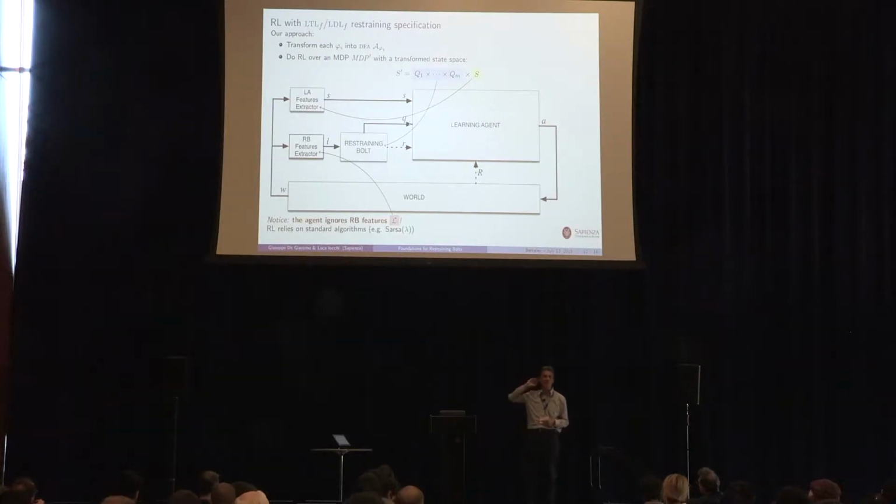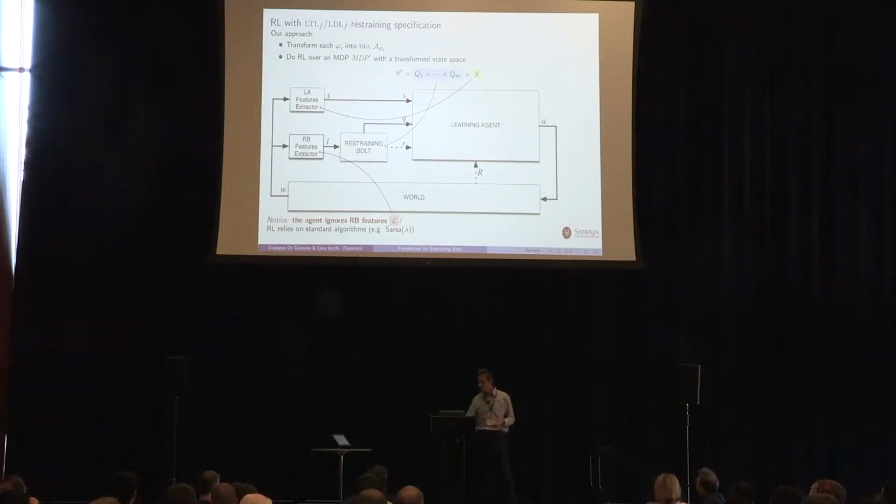So we just need an encoding of the state of the formula. And this is done by just an integer value, because the formula will generate a finite automaton, and so we can encode all the states of this finite automaton with an integer value. So what we need to extend our agent in order to accept the restraining bolt is just to add an integer value in the representation of the state.